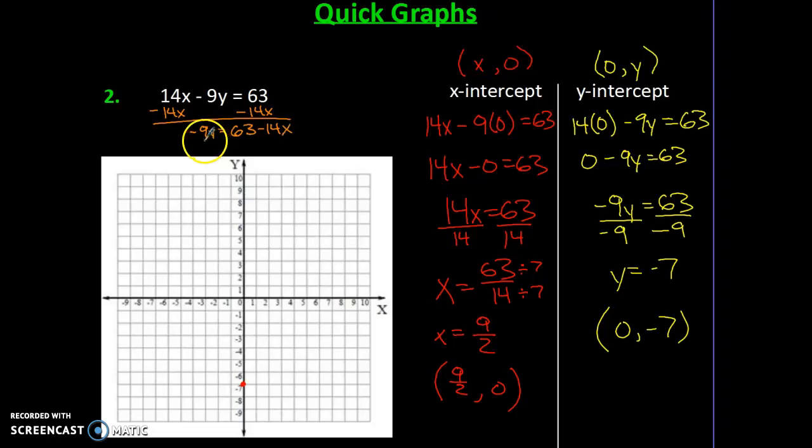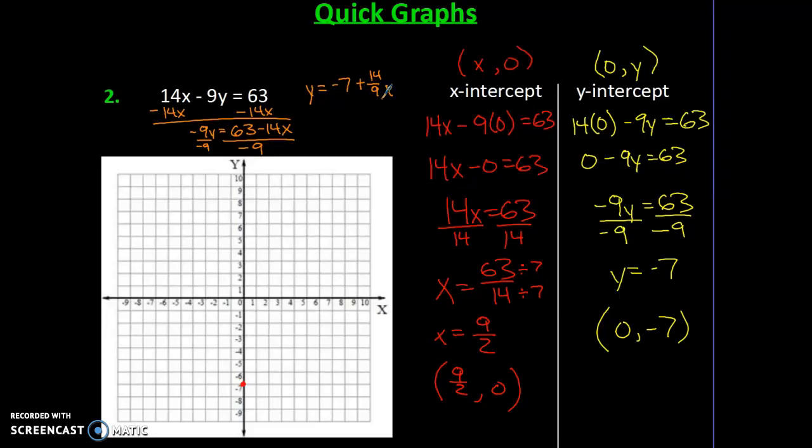All right, now I need to get y by itself, so I must divide by negative 9. That means I divide everything on the right side by negative 9 as well. So then you should get your equation to be y equals 63 divided by a negative 9 is negative 7, and a negative 14x divided by a negative 9 is a positive 14 over 9x.